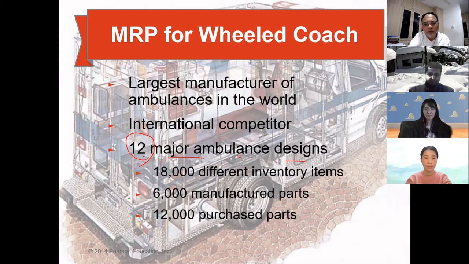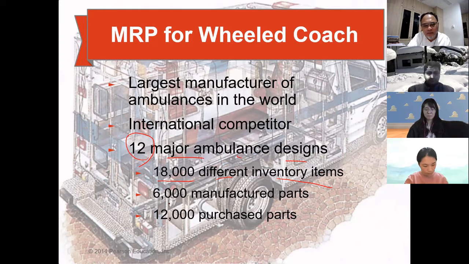And they produce 12 major designs of ambulance, meaning 12 different variants, types. And from these 12 designs, they have 18,000 different items, parts. For example, the oxygen tank, or the stretchers, or the medical equipment and so on.